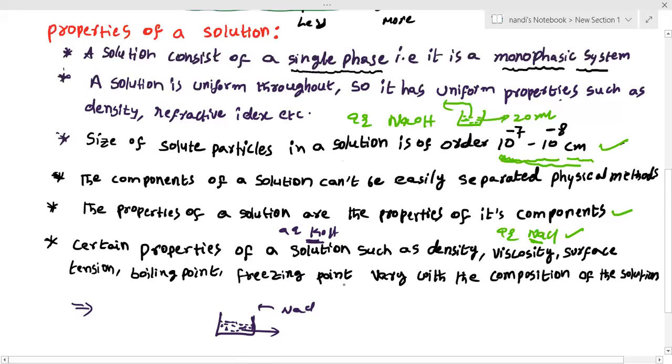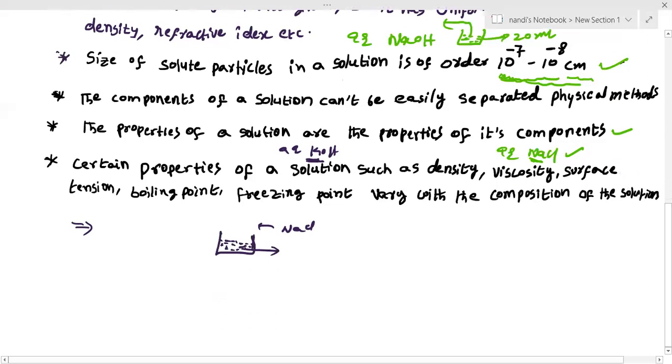Then there are other terms: dilute solutions, concentrated solutions, and saturated solutions. Dilute solutions, as the name indicates, have a little less solute.